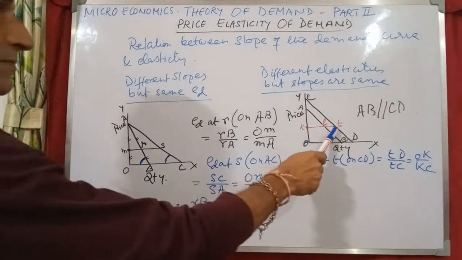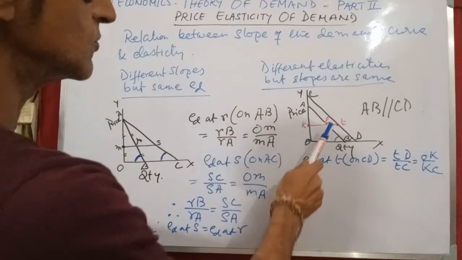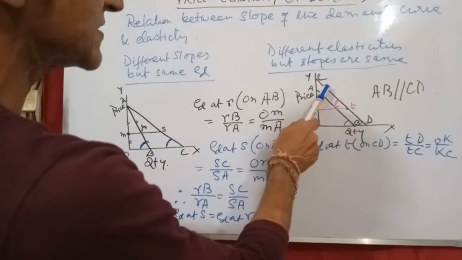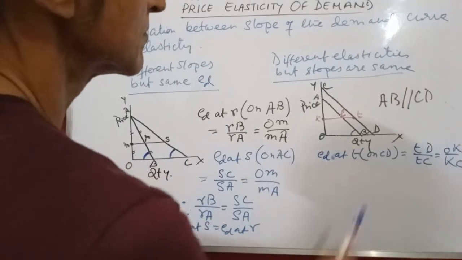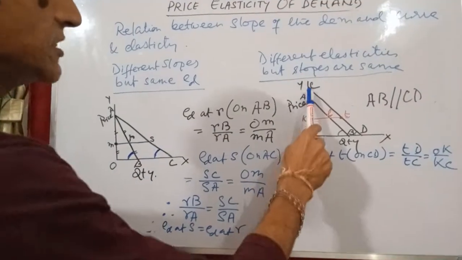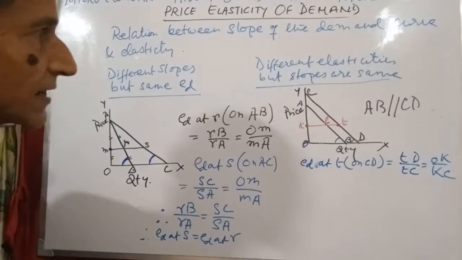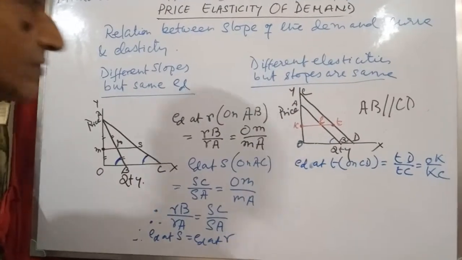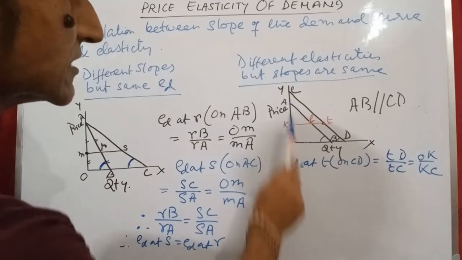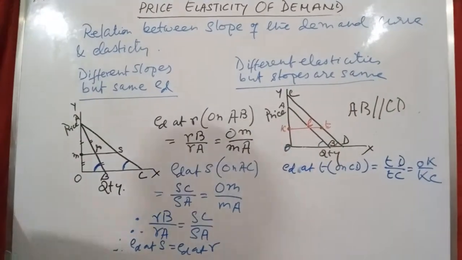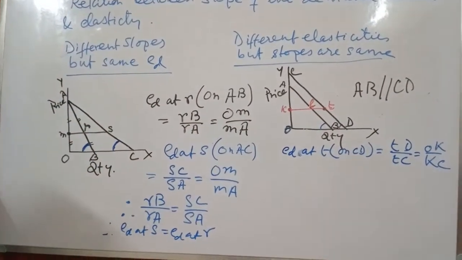Elasticity at point T is equal to lower segment by upper segment, that is TD by TC, and COD is a right angled triangle, therefore TD by TC equals OK by KC. This is the property of a right angle triangle.